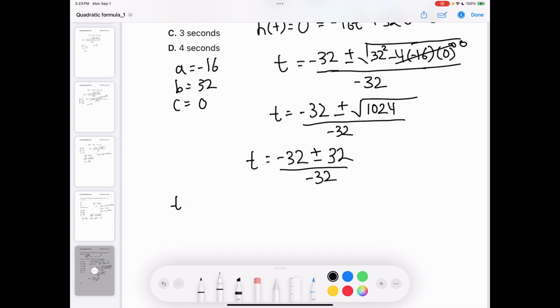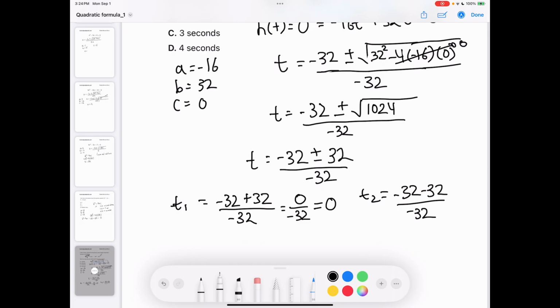Since the discriminant was greater than 0, I'm going to end up with 2 solutions. Let's call them T1 and T2. For the first case, I have negative 32 plus 32 divided by negative 32. Evaluating the numerator gives me 0 over negative 32, and 0 divided by any number is just 0. Then t2, our second solution, is negative 32 minus 32, all of that divided by negative 32.